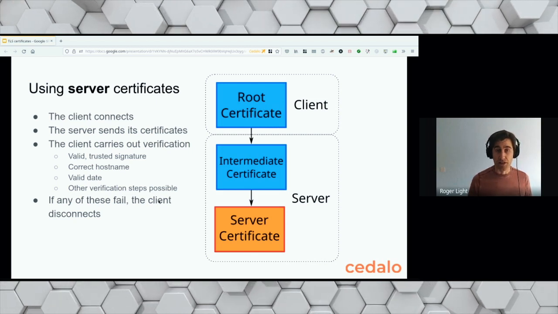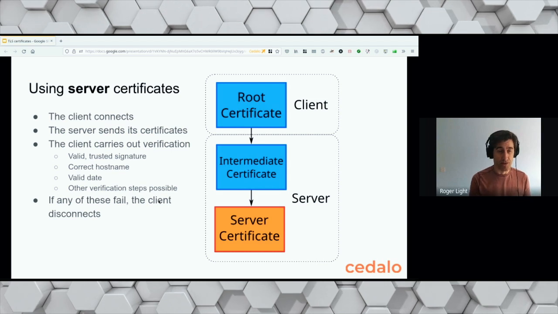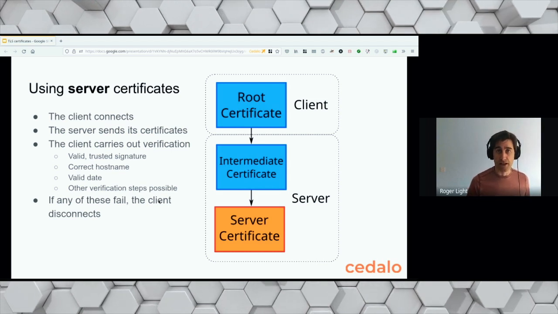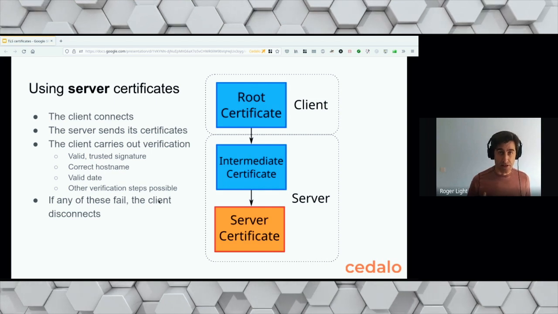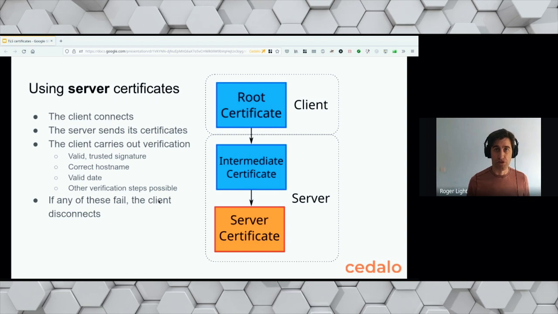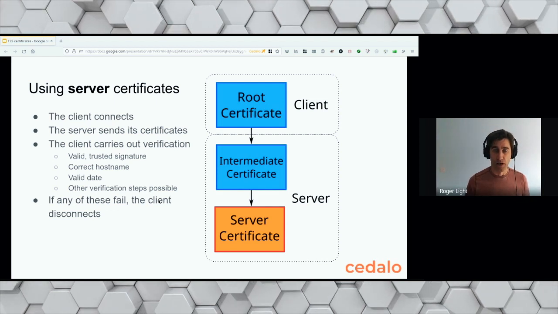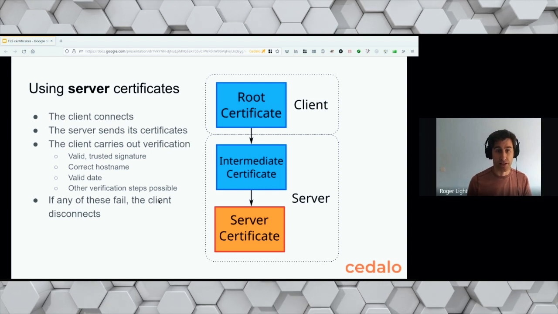Is it the correct host name? That was the common name part that I mentioned using for verification. If I know I'm trying to connect to test.mosquitto.org and the certificate is for sidalo.com, then there's a good chance someone's trying to spoof my server. I've connected to the wrong thing, so I shouldn't carry on connecting anymore.